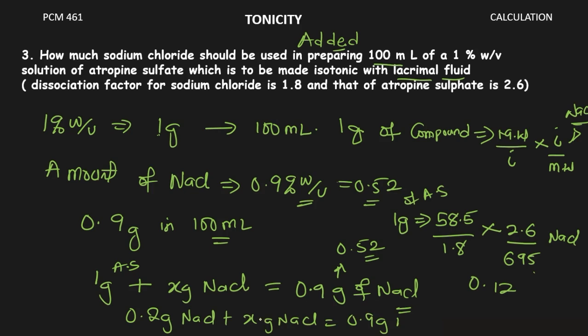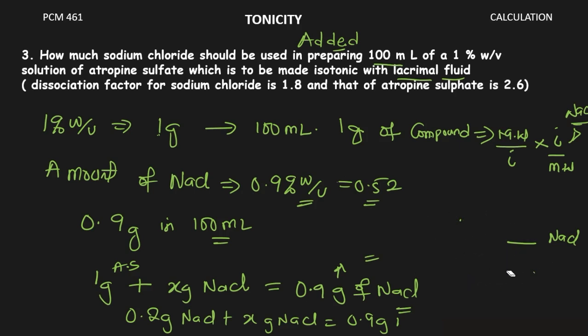So to calculate for X, we move this one to this side, so that X will now be 0.9 minus 0.12. What did that give you? 0.78. Is that okay?